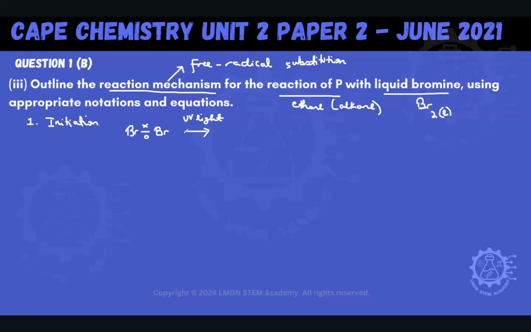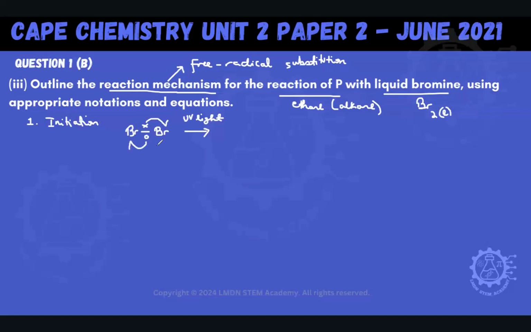So when UV light is present, this bond here is going to split homolytically. One of the electrons is going to go to one of the Brs, and the other will go to the other Br.